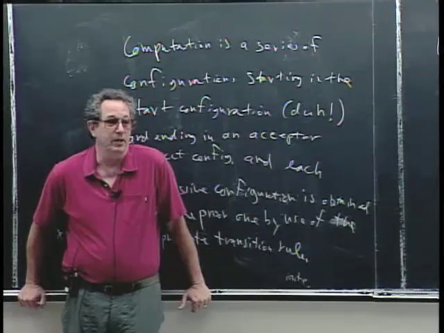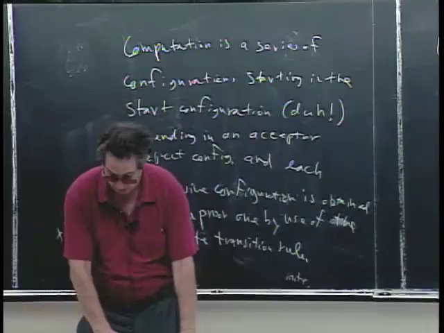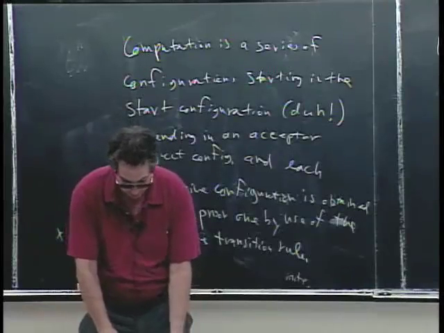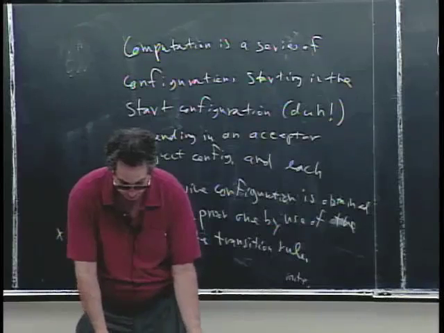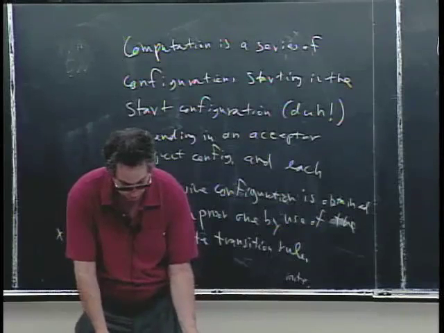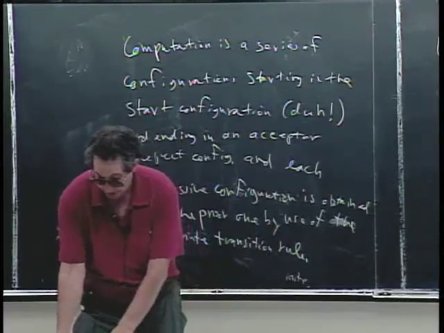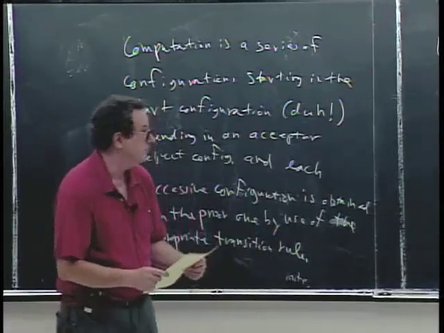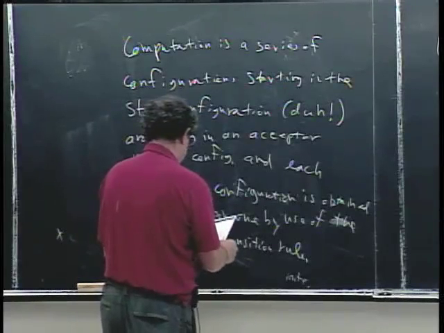You should be able to design one like that without too much thought at this point. Okay, so we need some language to talk about that possibility, to distinguish those computations that terminate and those computations that don't.